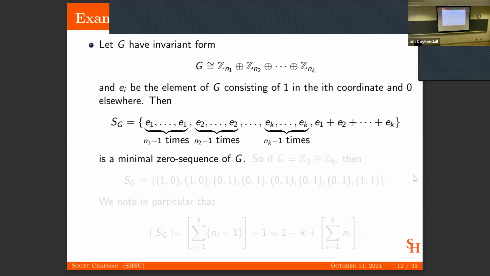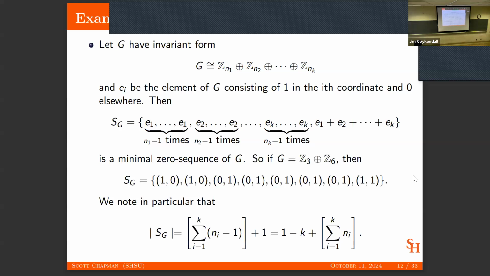And I'm not the only one, as I'll show you in a few minutes. So just to give you a better idea, if you were in Z3 plus Z6, what would this thing look like? 1 0 1 0 0 1 0 1 0 1 0 1 0 1, and then what? 1 1. So there's a minimal zero sequence in Z3 plus Z6.